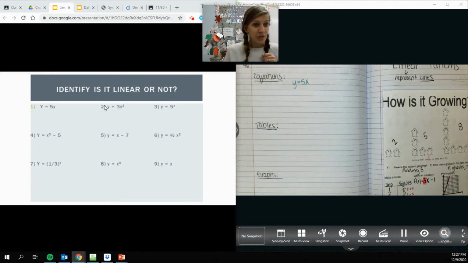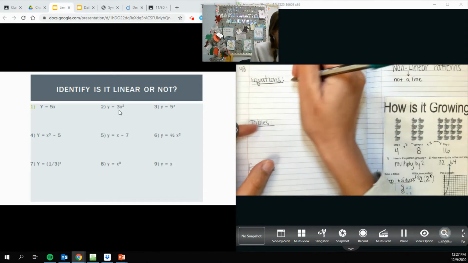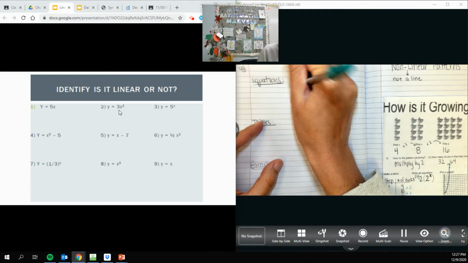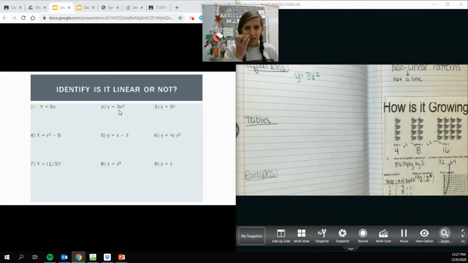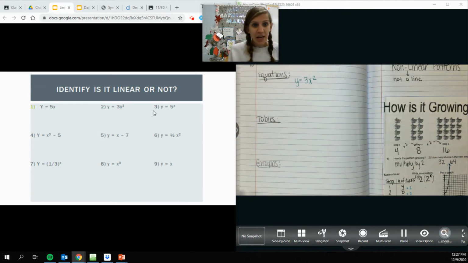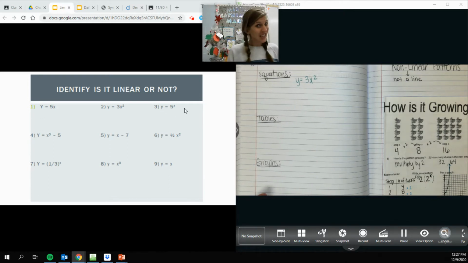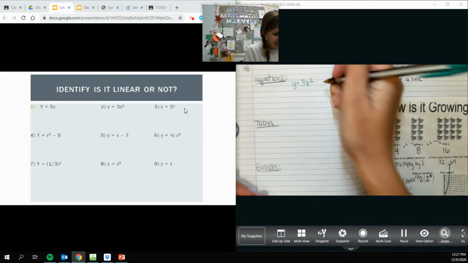Number 2, however, y equals 3x squared, not linear. I'm just jumping back and forth and writing these examples down so that you guys have a lot to look at. Now the next one, number 3, y equals 5 to the x power, definitely not linear.